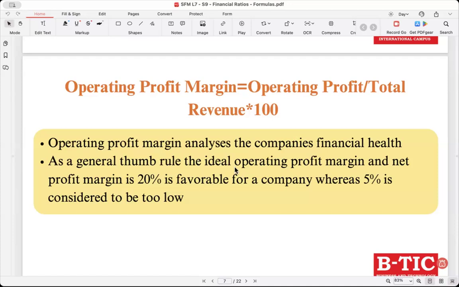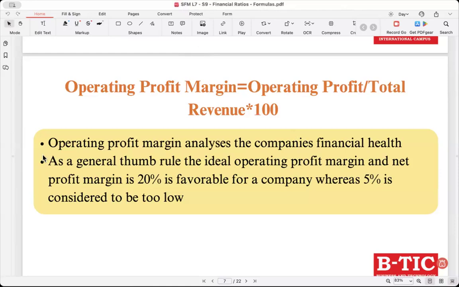As a general rule of thumb, the ideal operating profit margin and net profit margin is 20% for a company, whereas 5% is considered to be too low. So 20% favorable, 5% too low. Higher, the better. So for all the ratios under profitability ratios, the higher the percentage, the better and more favorable it is for the company.